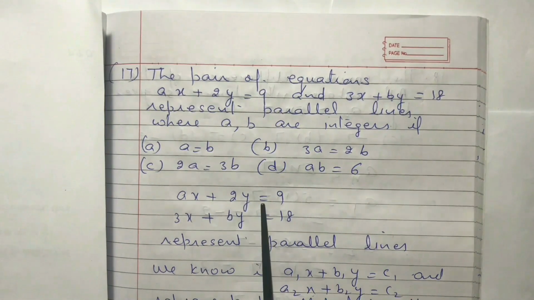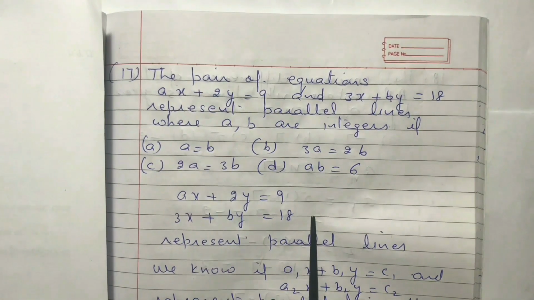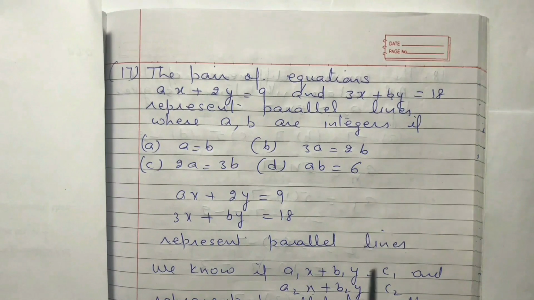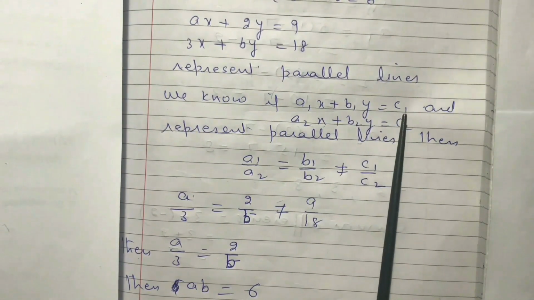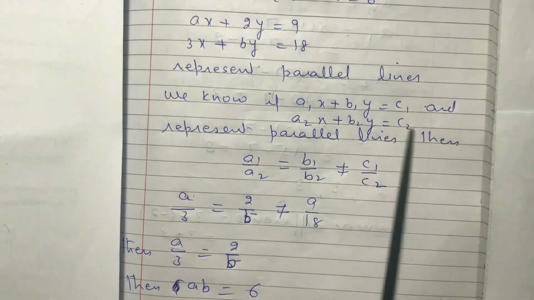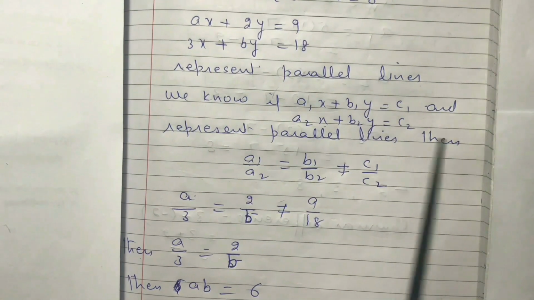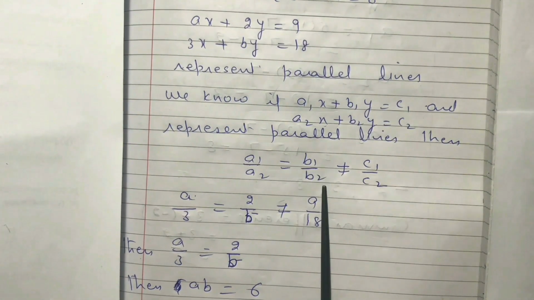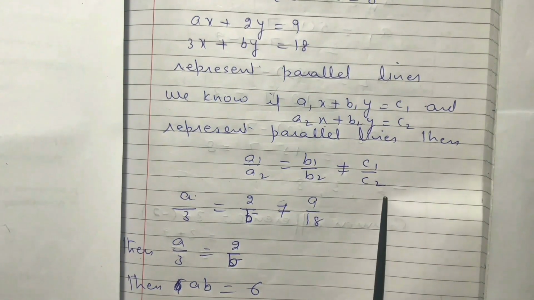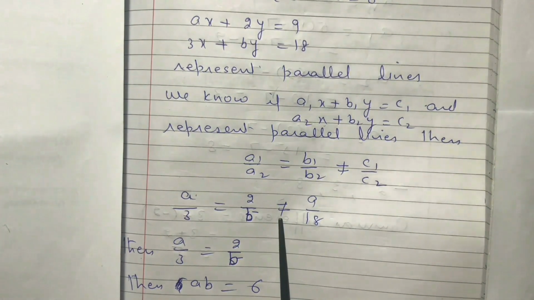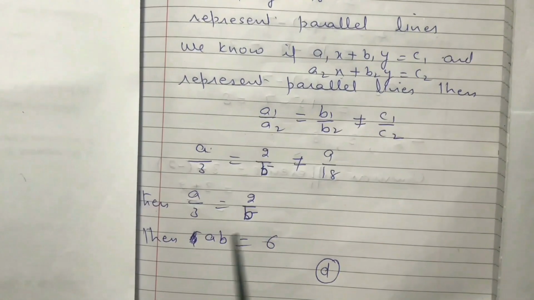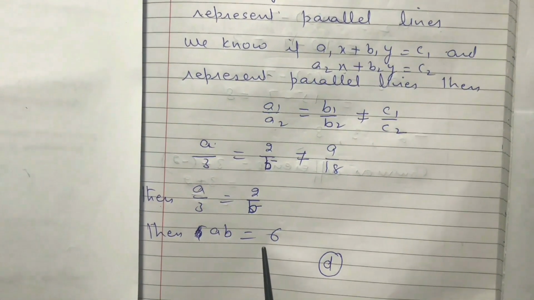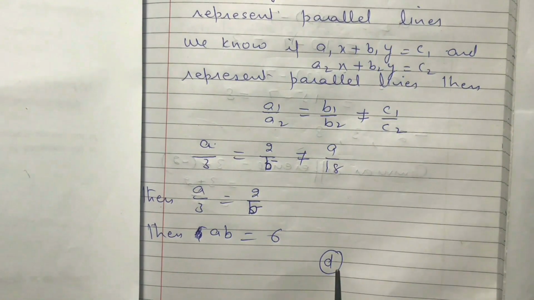This represents parallel lines, and we know if a1x plus b1y is equal to c1 and a2x plus b2y is equal to c2 represent parallel lines, then a1 by a2 is equal to b1 by b2 is not equal to c1 by c2. Substitute the values. Now a by 3 is equal to 2 by b. Cross multiply it, you will get ab is equal to 6. So D is the option.